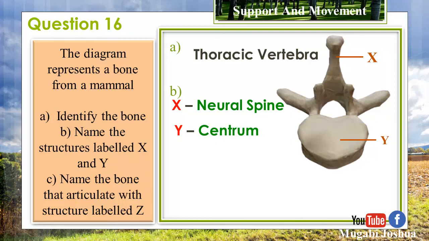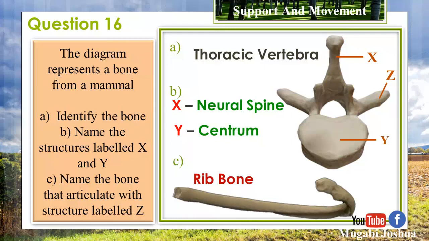Part C. Name the bone that articulates with the structure labeled Z. Z is a transverse process. So the structure which articulates with Z is a rib bone.